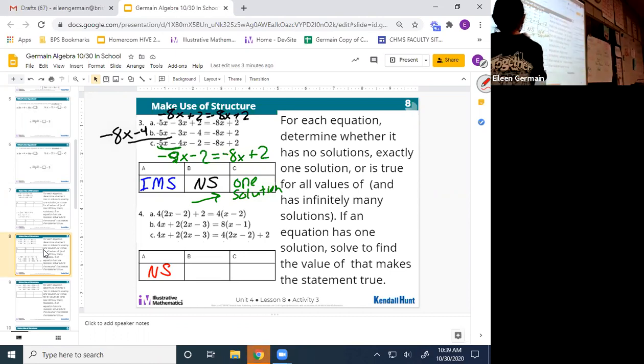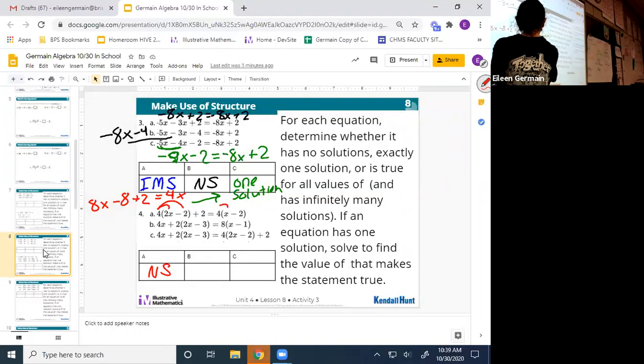Very good. So I had to multiply 4 times 2x to get an 8x minus 8 plus 2 is equal to 4x minus 8.